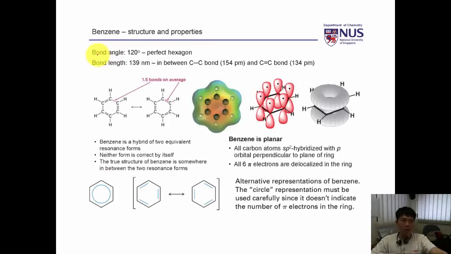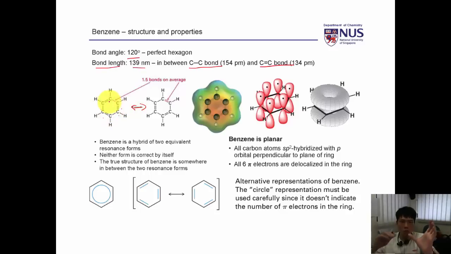Epiphany. The bond angle in a benzene ring is 120 degrees because it's a perfect hexagon using your math geometry. Bond length 139 nanometers. It is in between a carbon-carbon single bond and carbon-carbon double bond. And the reason is because you have what we call the resonance. You could do a resonance electrons movement here within the ring and see double, single, double, single, double, single.